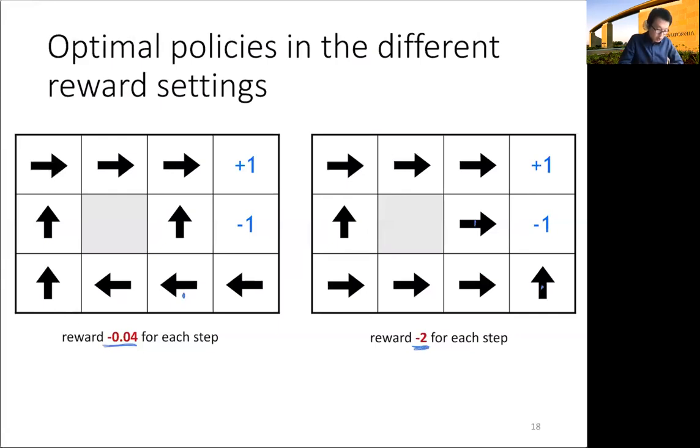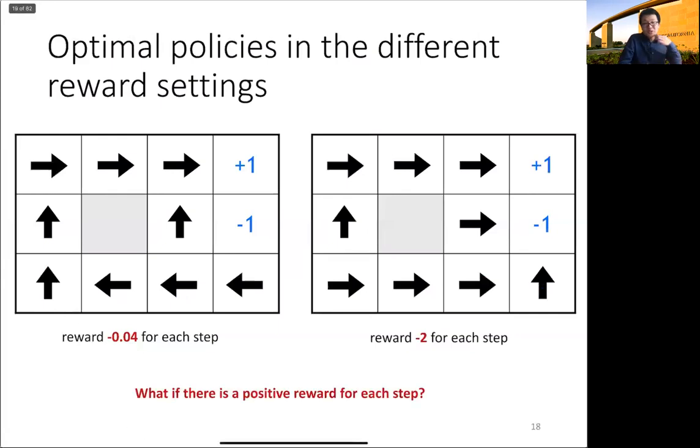Okay, so a question posed to you guys. So what if there's a positive reward for each step? I suppose this is like a nice park that you actually enjoy hanging around in. So what is the corresponding optimal policy? Anyone?